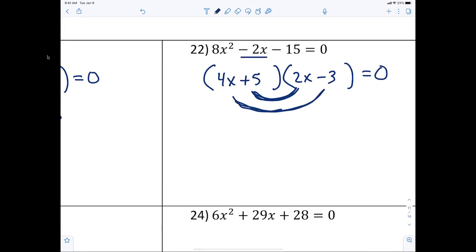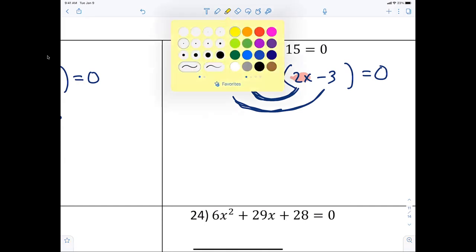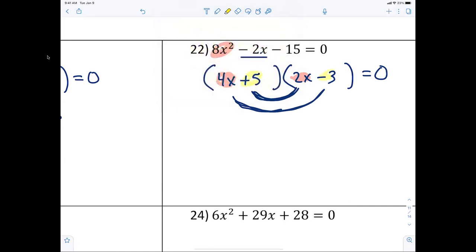Negative 2. And then 4x times 2x is your 8x squared. And then, of course, your positive 5 times negative 3 is your what? Negative 15. So is that correct? Yes.